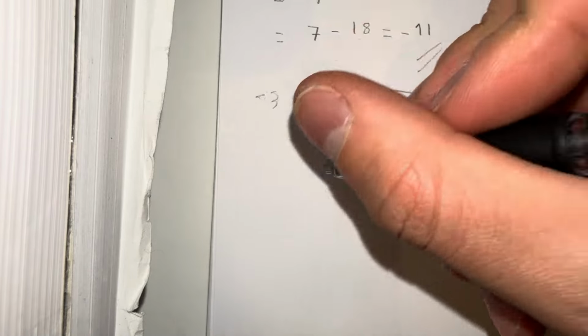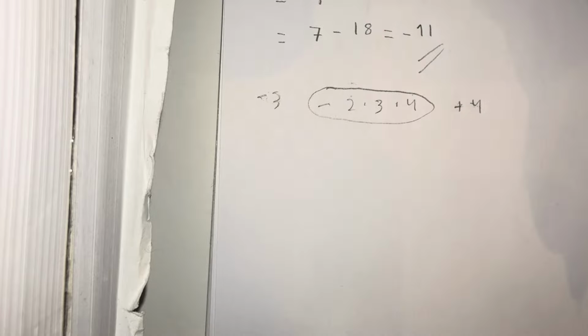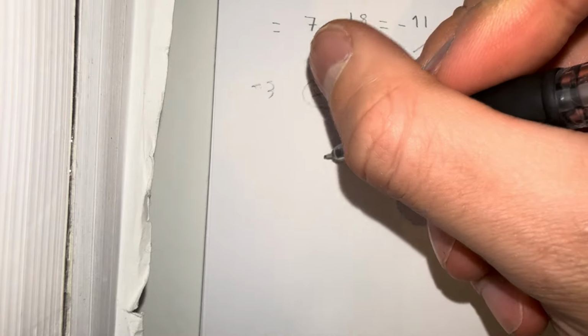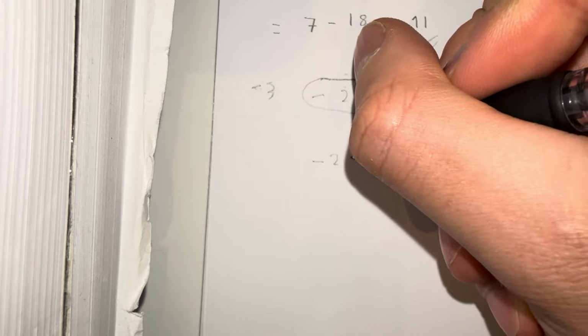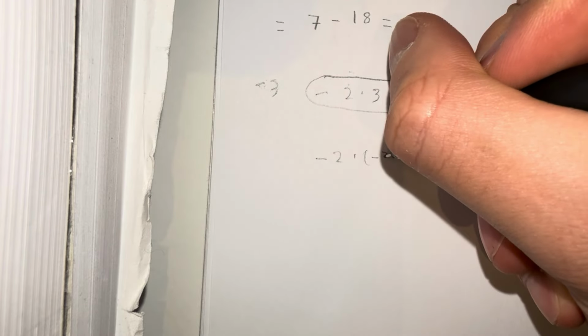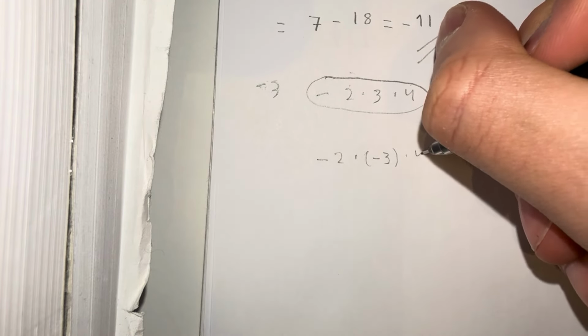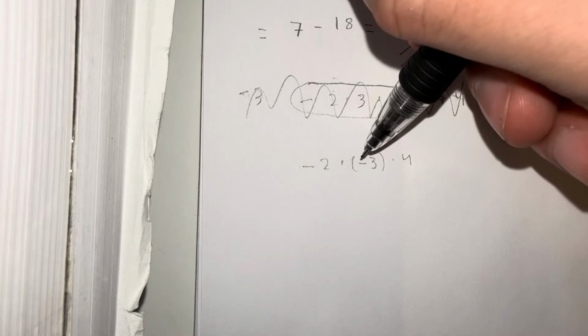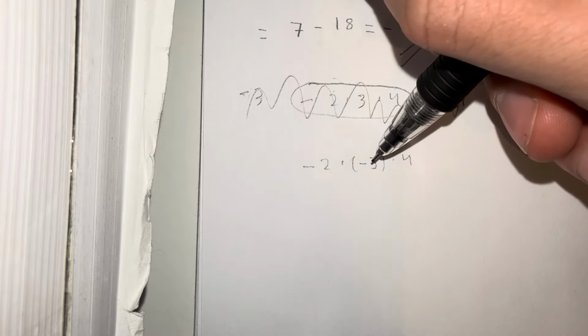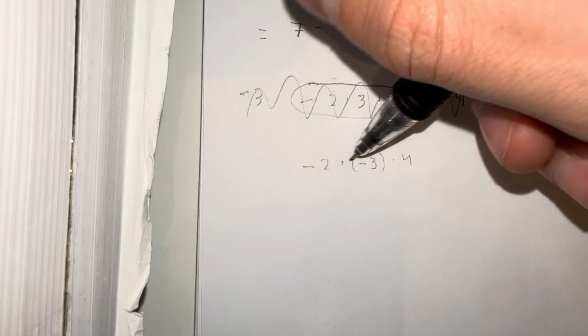How do you do it? Well, we've seen a few examples now. Let's see a common misconception. So you have negative 2 times negative 3 times 4. This is a new example. Here we have also a negative 1, which appears inside among the other factors.